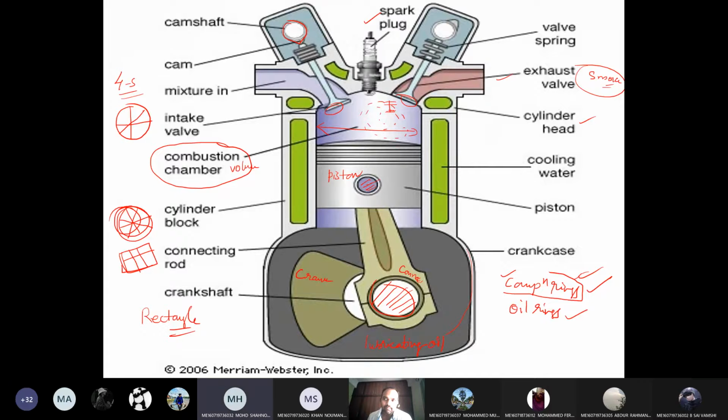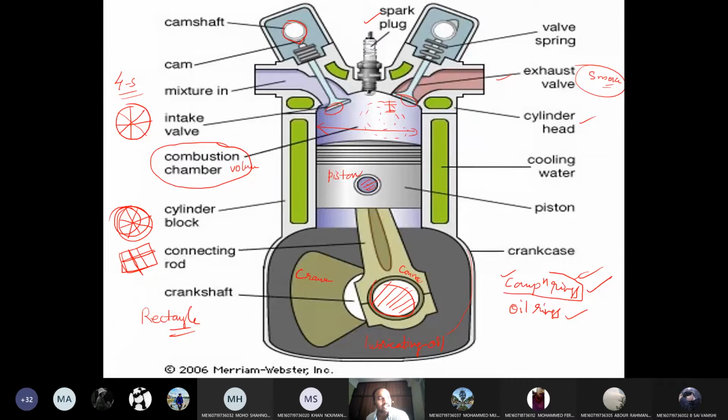Means there is no question of the cover entering the hole. If it is a rectangle, one side is bigger in dimension, the other side is smaller, right? While closing, there may be chances of slipping into the hole. That is the reason they are designed in circular shape.